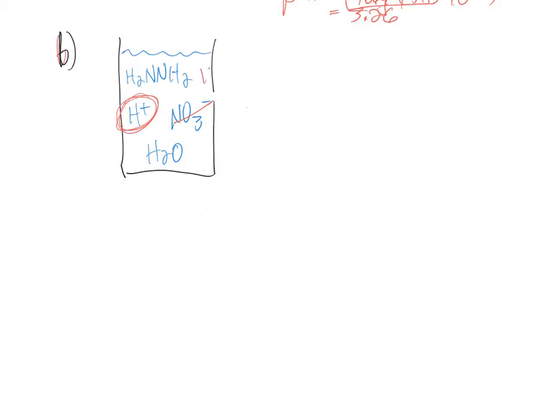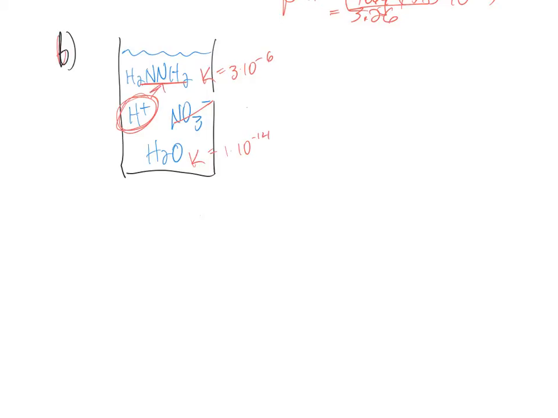We have a base whose K value they gave us as 3 times 10 to the negative 6, and we have water, which you can always think of as a potential acid or base, whose K value is 10 to the negative 14th. Between the two choices of bases, we have something whose K value is much bigger than water.